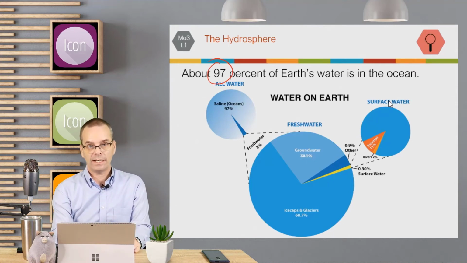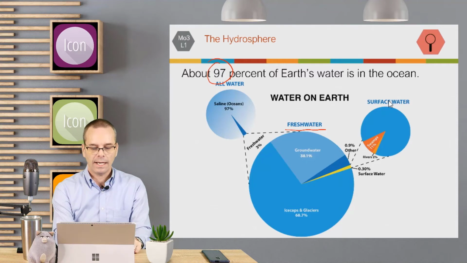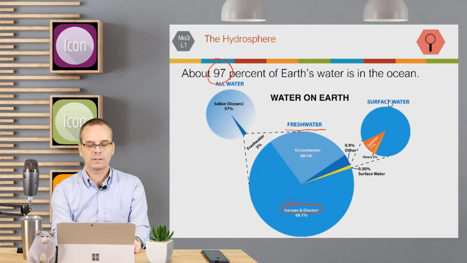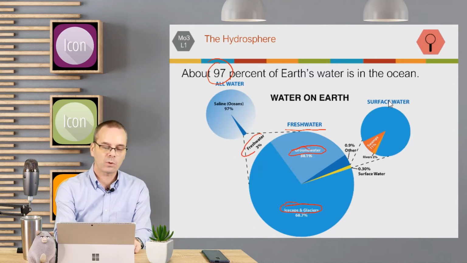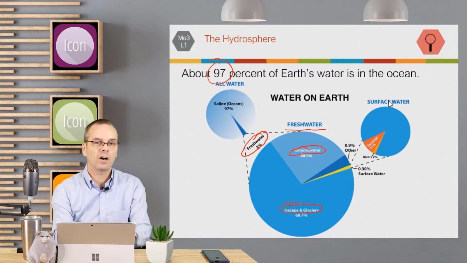And you can get even more detail about the fresh water. All right, fresh water means no salt. And again, 68.7% is frozen. 30% of the fresh water is groundwater. And remember, fresh water is only 3%. 3% of all of Earth's water is fresh water.